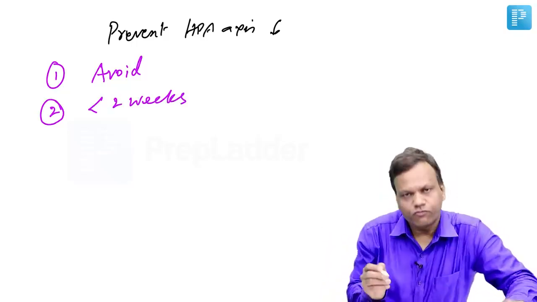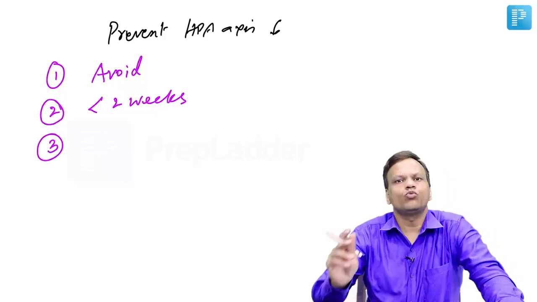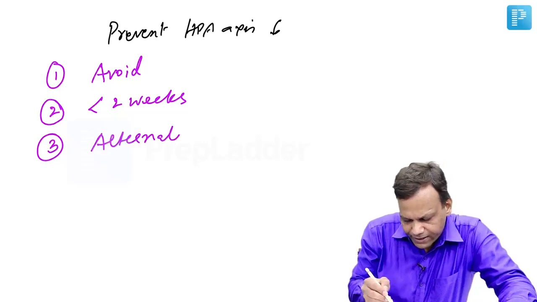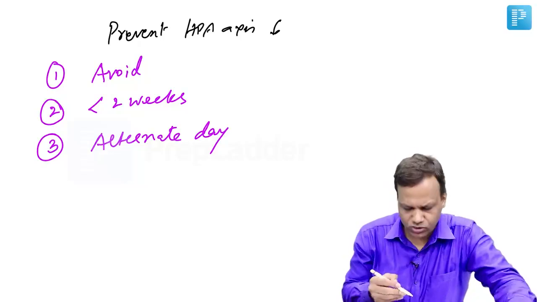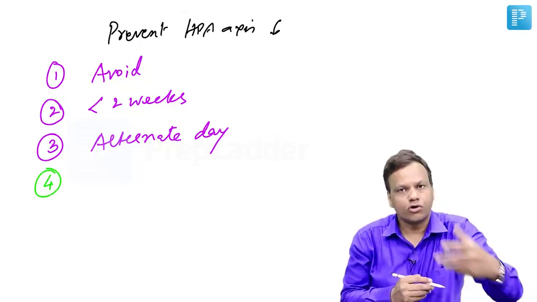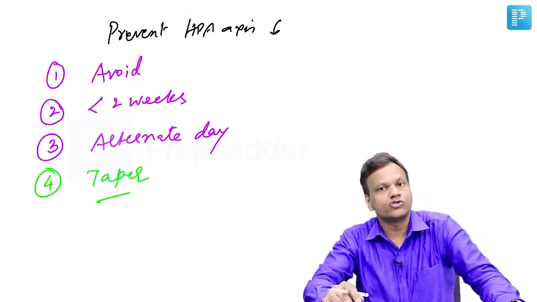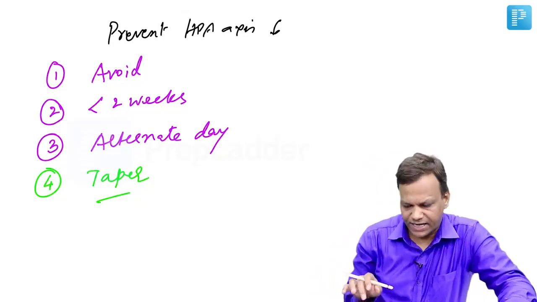If we give them for 2, 3, 4 days only, HPA axis suppression will not occur. Suppose giving for more than 2 weeks is necessary, then try to give on alternate days, so that one day the body produces, another day we are giving from outside. Suppose alternate day therapy is also not possible, then gradually taper, because now HPA axis suppression will occur, so we need to gradually taper them. Okay, so that is how to prevent HPA axis suppression with glucocorticoids.